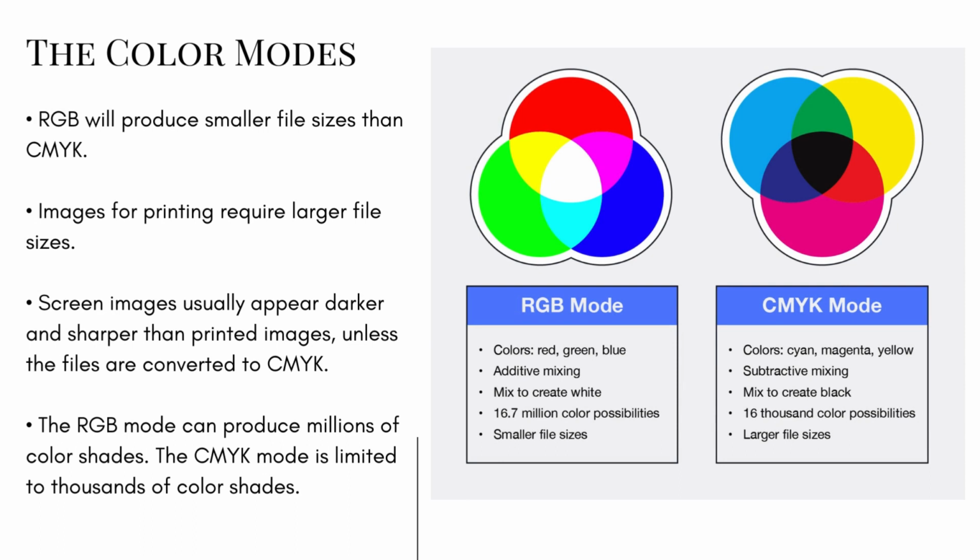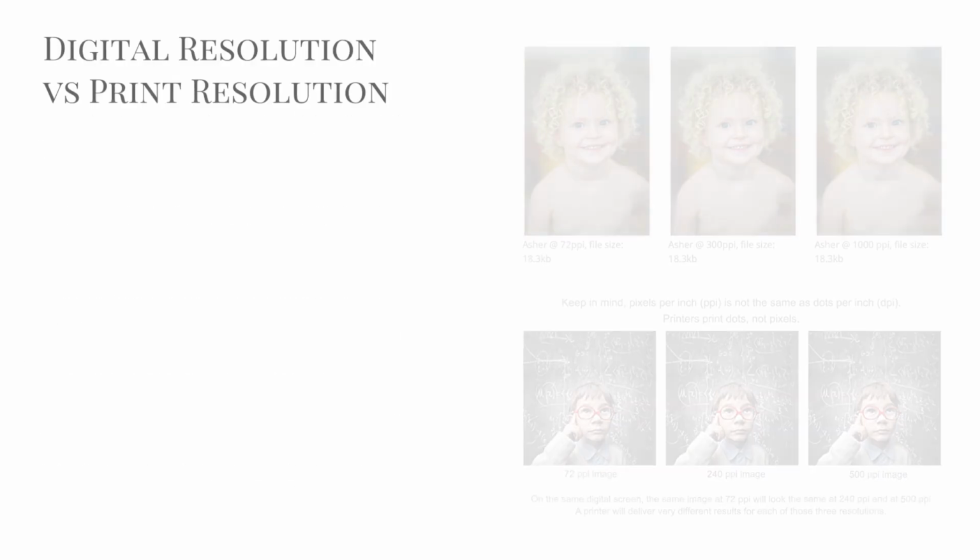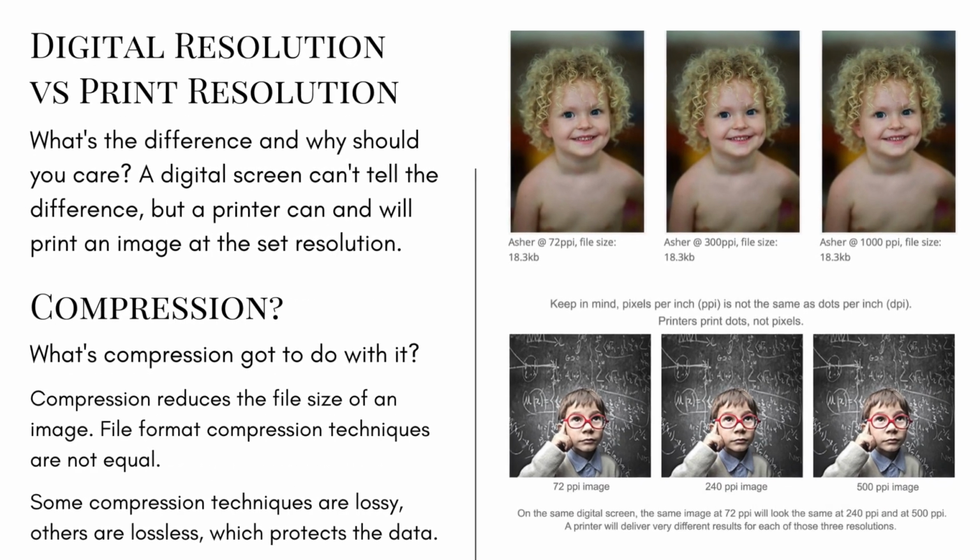When comparing the two modes, RGB will produce smaller file sizes than CMYK. Images for printing require larger file sizes than images for the web. Knowing the basic distinctions between RGB and CMYK can often influence the choice of which file format to save a document in. So what does compression have to do with it?